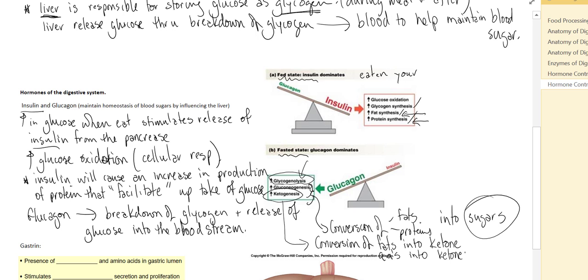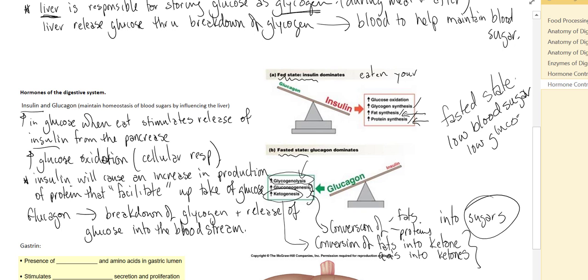And essentially in the fasted state is a result of low blood sugar and low glucose. And so the body is looking to provide energy for working cells from other sources.